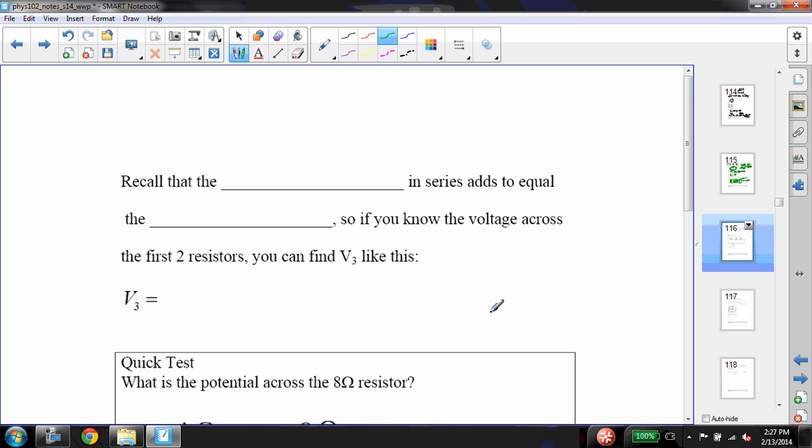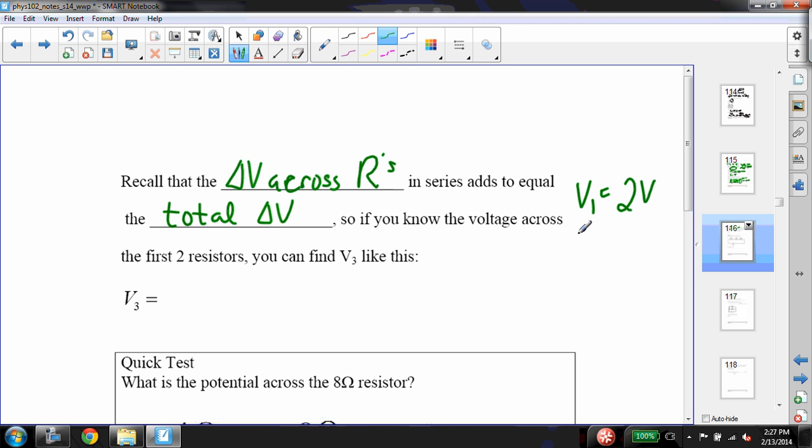Likewise, the change in potential across the resistors in series has to equal the total potential. So if you know the voltage across each of the first two resistors, as we do, we said that V1 was equal to 2 volts.